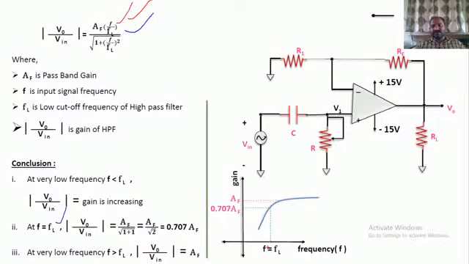After you cross the low cutoff frequency, and after some time, it gives a stable response. So based on these three observations, I can say that the equation we got from this circuit satisfies the ideal high pass filter characteristics.